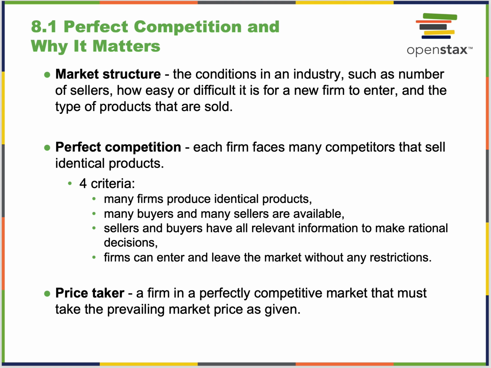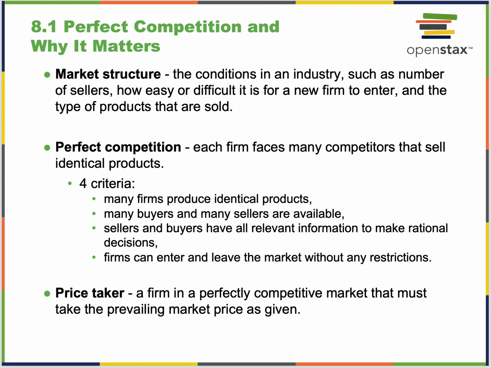So the first thing we're going to talk about is market structure: the conditions in an industry, number of sellers, how difficult it is for a new firm to enter, and the kind of products that are sold. When we talk about market structure, we have perfect competition, which we're going to cover now, monopoly, which we will cover next, and then monopolistic competition and oligopoly, which we'll cover both at the same time, the middle road.